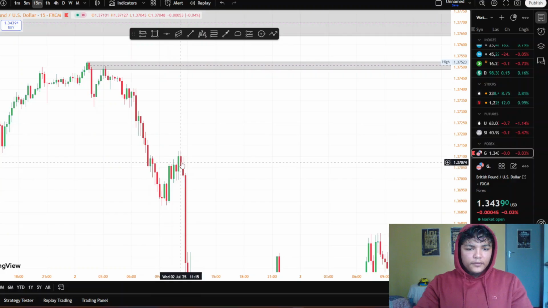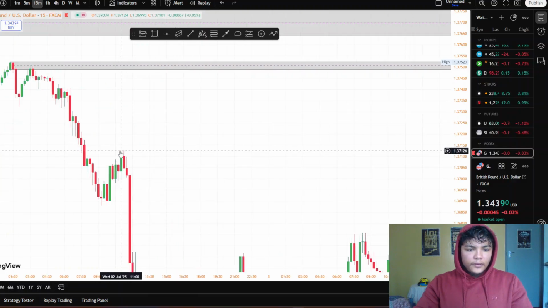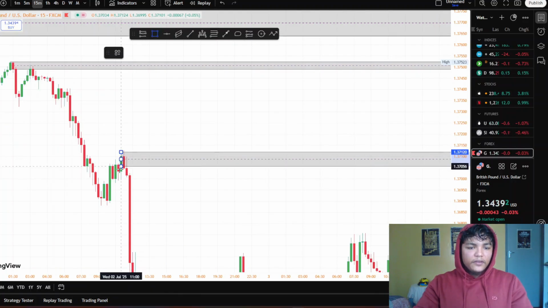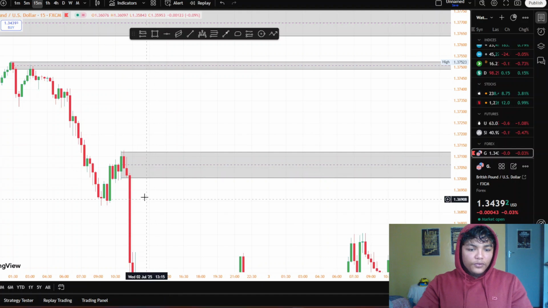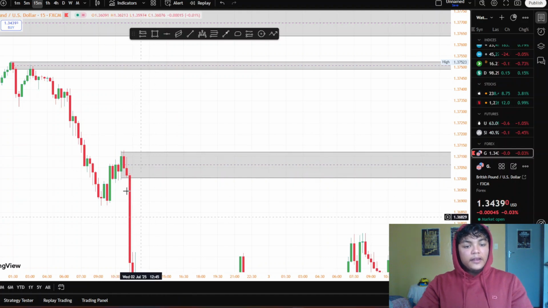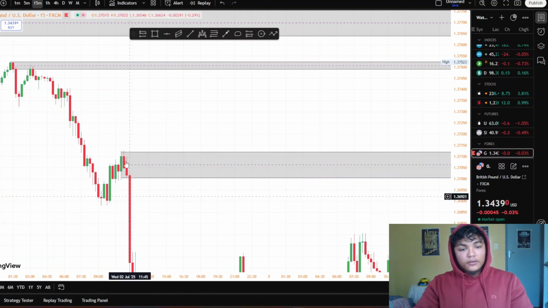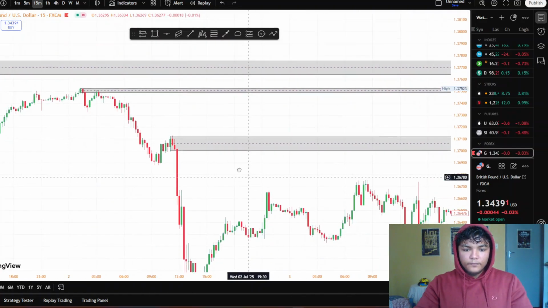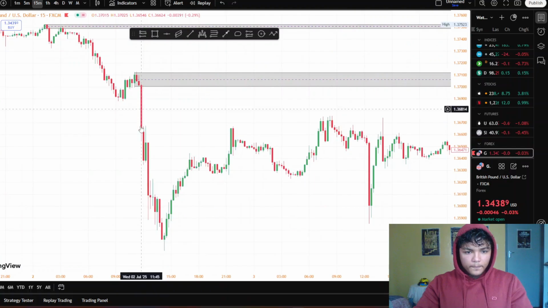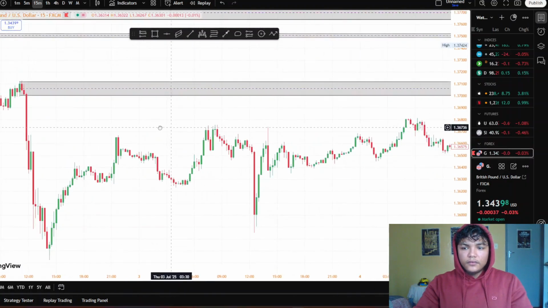Came up. This is an order block right here, because even though this candlestick is big, the candlestick opposing it is small by comparison. So now we are waiting for the market to come to this level.